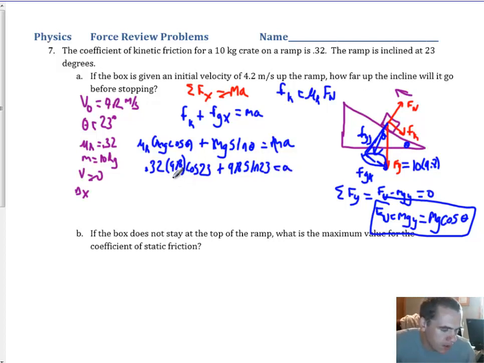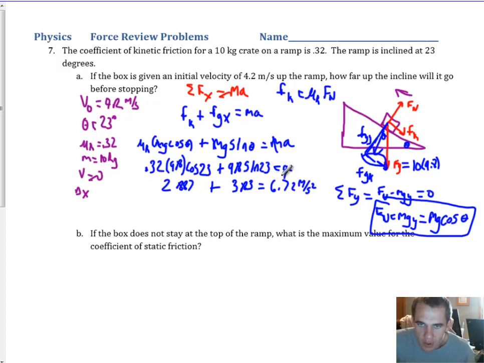Well, this is 2.887, and this is 3.83, which gives us a total of 6.72 meters per second squared. Now, this is not the answer to the problem.